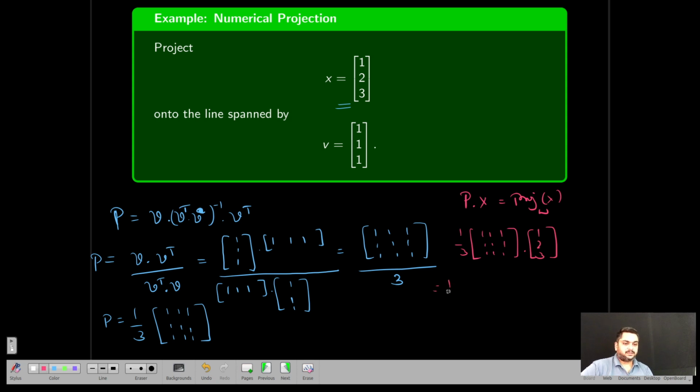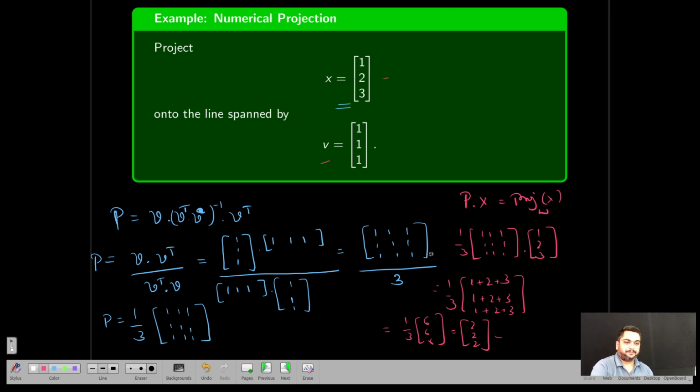If you multiply this, I'll get 1 by 3 into a column: 1 plus 2 plus 3, this is also 1 plus 2 plus 3, and 1 plus 2 plus 3. This will be 1 by 3 into 6, 6, 6. So it is nothing but 2, 2, 2. This is the projection of this x onto this line spanned by V.